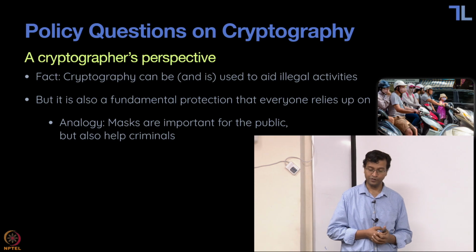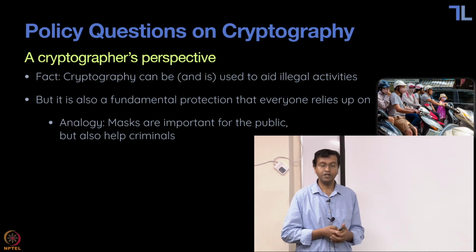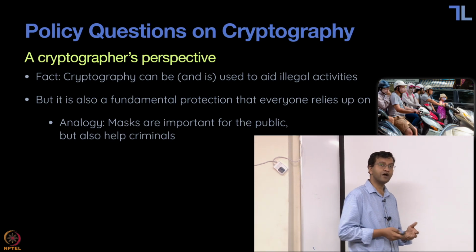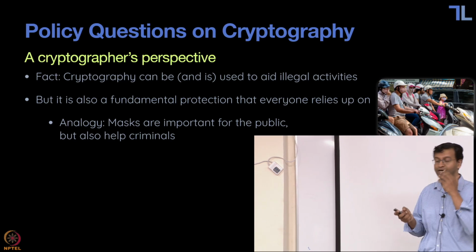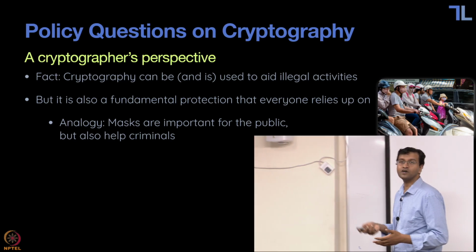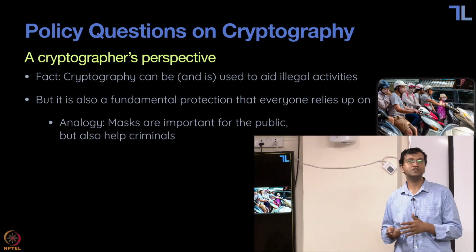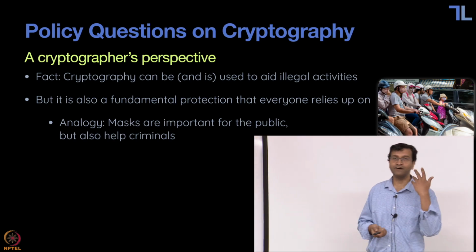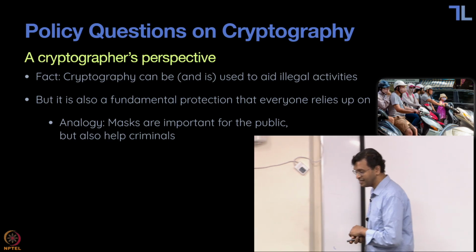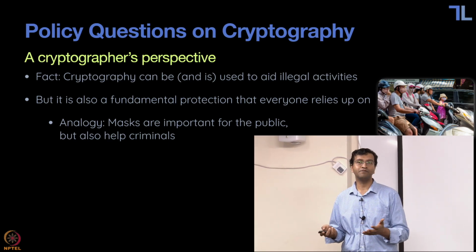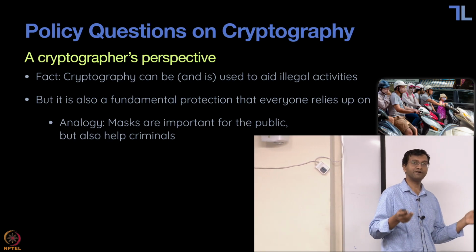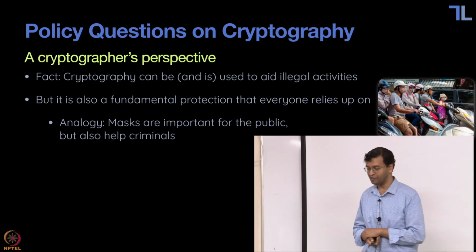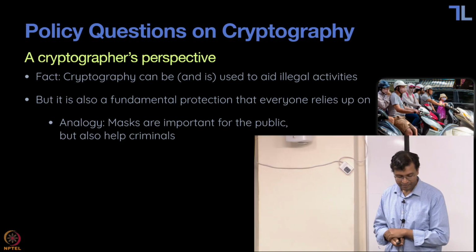We used them a lot in the pandemic, but they also help criminals. If you outlaw masks, it comes at a cost. Maybe a few criminals wearing masks and robbing a bank is not as problematic as everybody falling sick and a lot of people dying.